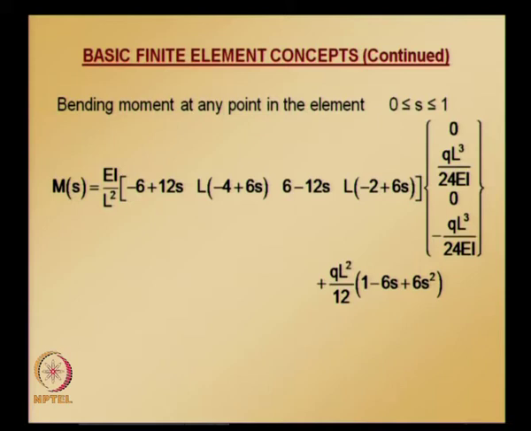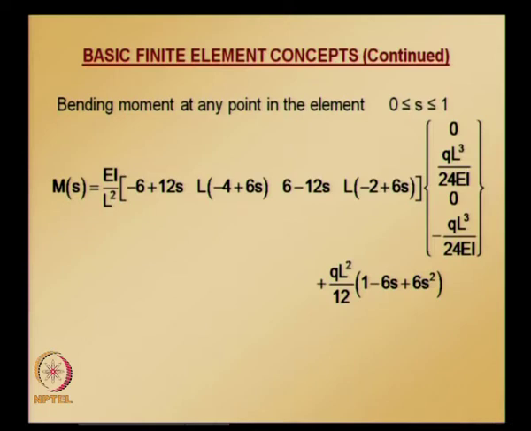and since we are interested in the maximum bending moment, because last time when we did the comparisons between the solution that we got from finite elements using two elements and the exact solution, what we did is we compared mid span displacement, mid span moments and shear.